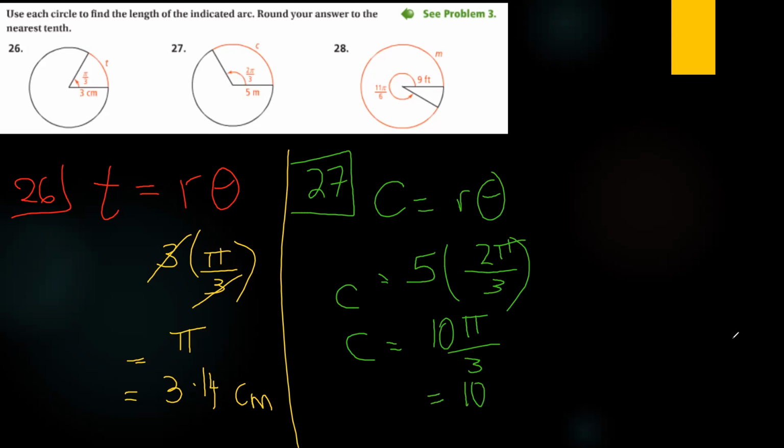That means 10 times 3.14 over 3, or 31.4 over 3, which is 10.5 meters. This is the length of C. Is it clear?